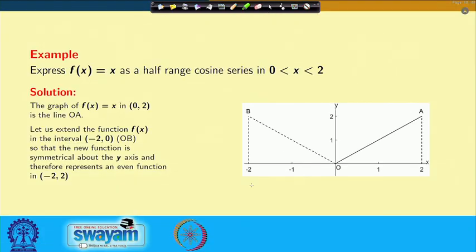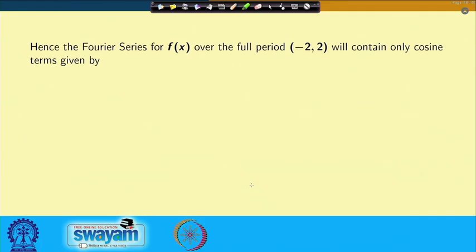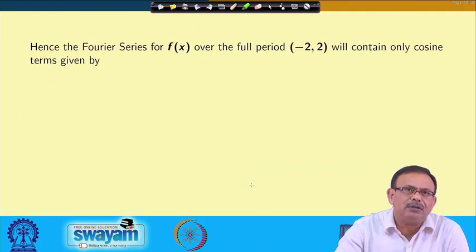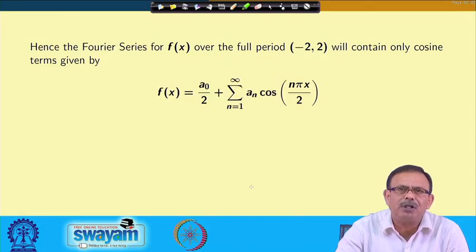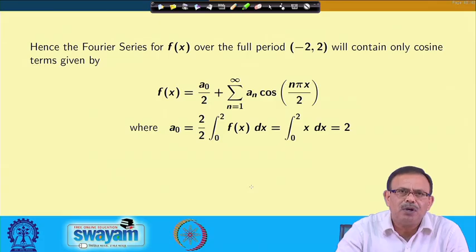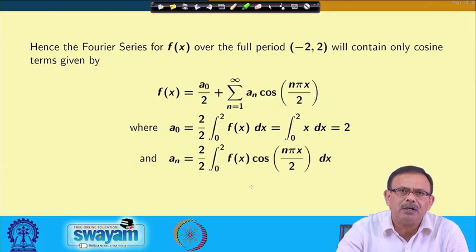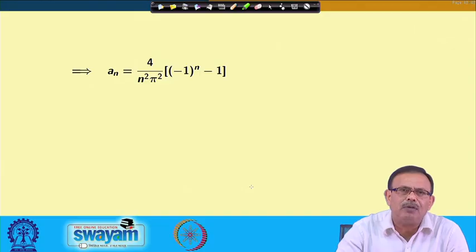So, from here if you see, f x is a Fourier series, f x we are defining in -2 to 2, which will be consisting of cosine terms only. So, that f x is defined as a 0 by 2 plus summation a n into cos n pi x by 2, where a naught is this, a n is this integral. If I evaluate the a n, I will obtain 4 by n square pi square minus 1 to the power n minus 1.